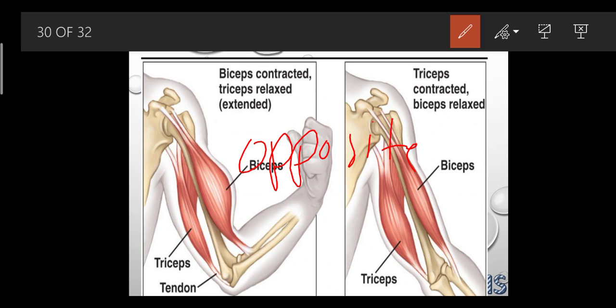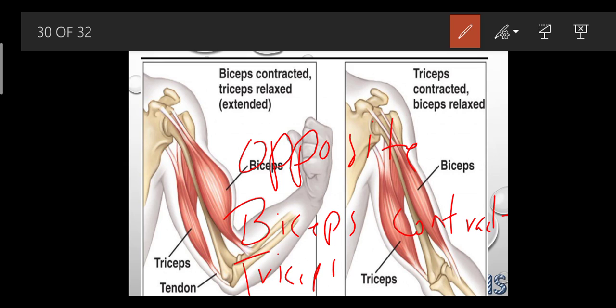Whenever we pull up our arm, at that time biceps contract and triceps relax. When your biceps contract, whenever we pull the biceps towards us, at that period of time you can feel your triceps getting relaxed.